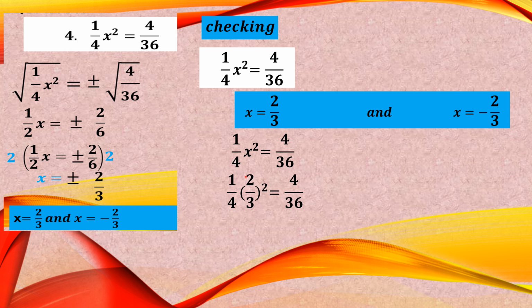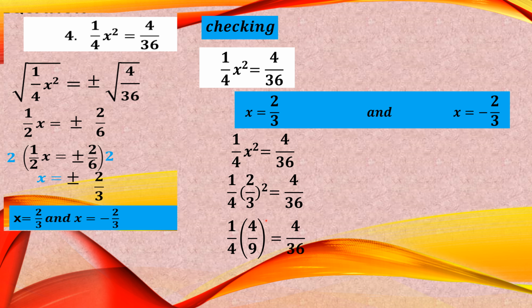Okay, remember we cannot multiply the 2 and 1/4 directly because we need to apply GEMDAS or PEMDAS. So squaring a 2, we have a 4, and squaring a 3, we have 9. So that will be 4 over 9. So are they equal?